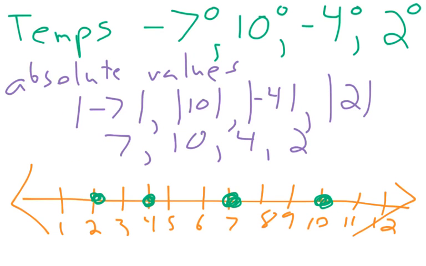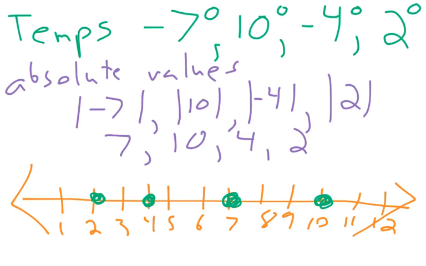One thing that shows up sometimes with absolute value might be this idea of temperature. We know that temperatures can fall below 0. So let's say we've got the temperatures 7 degrees below 0, 10 degrees, 4 below 0, and 2 degrees. But let's say that they wanted the absolute values of these temperatures.